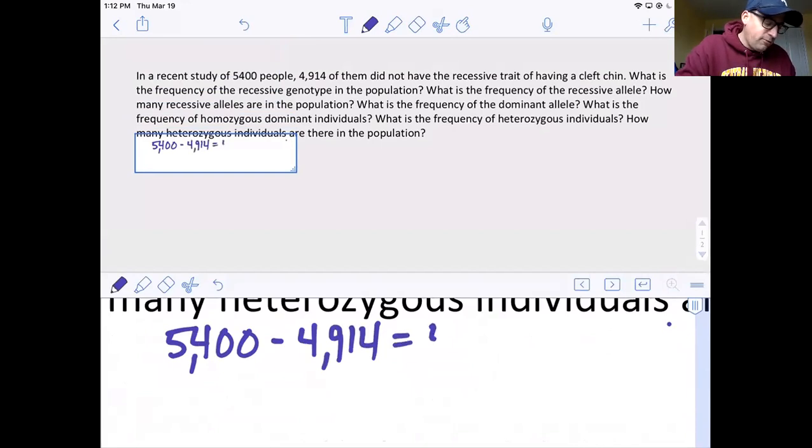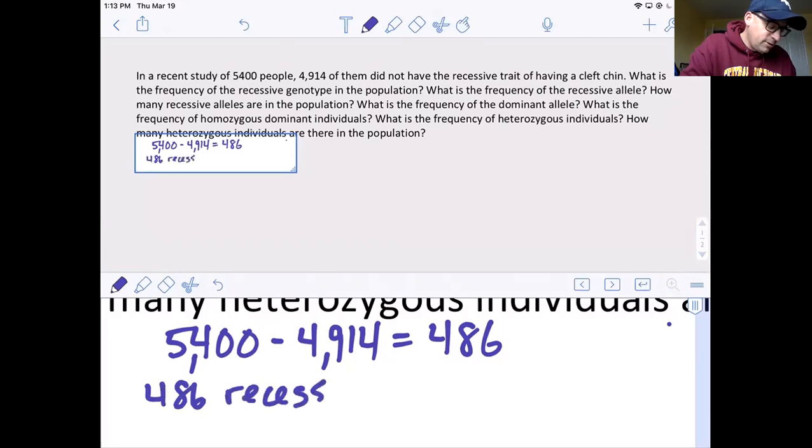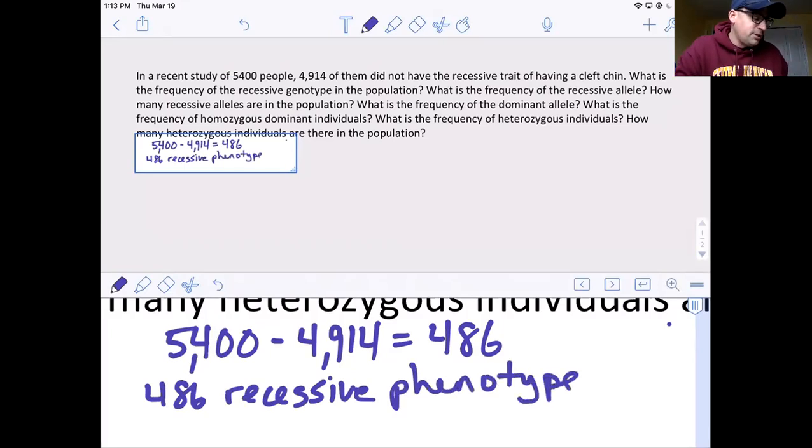So that means that 486 of them do. So I know that there are 486 recessive phenotype individuals in the population. If they have the recessive phenotype, then that means that they must be homozygous recessive.